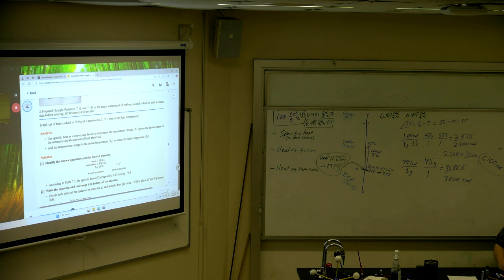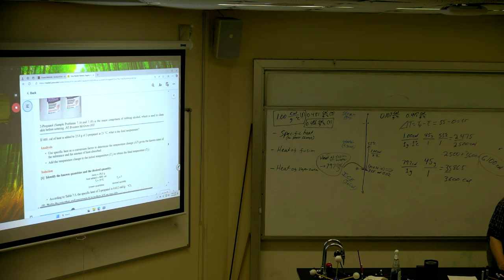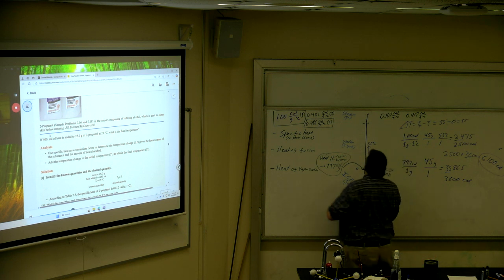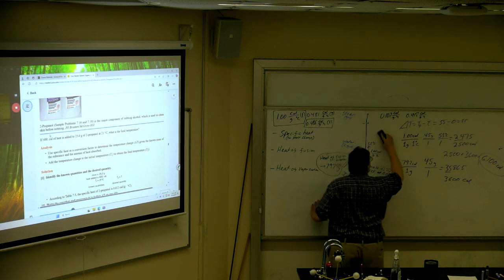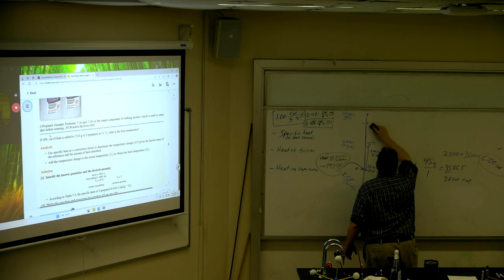Okay. This variation on these calculations, I guess this is sample problem 7.16. All right. This is the same type of calculation, what you're being given is different, and what you're calculating is a little bit different.